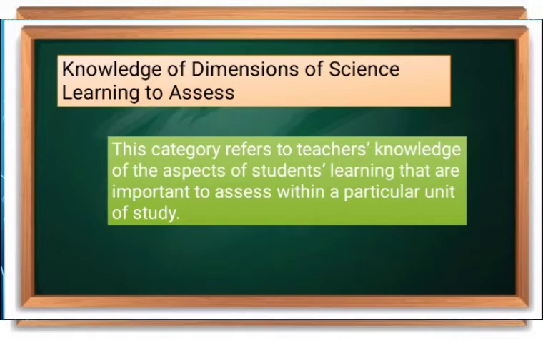Effective teachers should know what dimensions or aspects of scientific literacy should be assessed in a particular unit. As an example, it is more difficult to empirically investigate the solar system than weather.